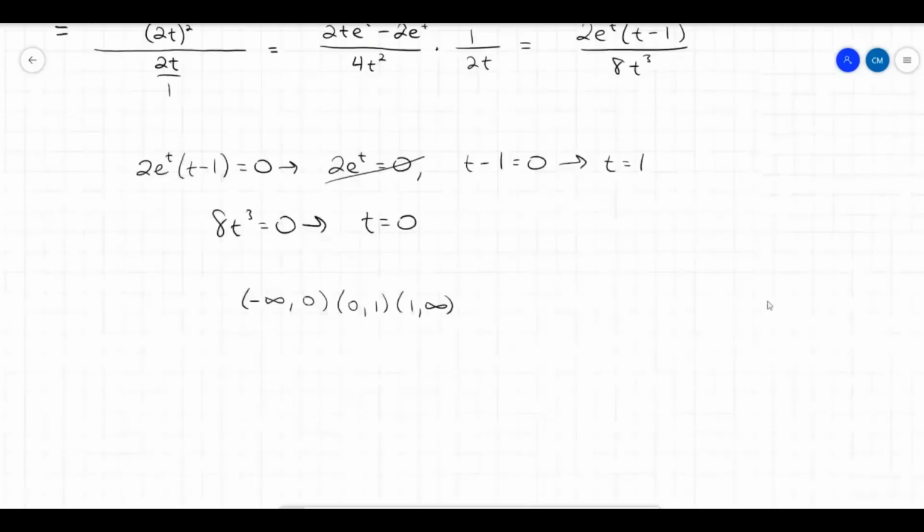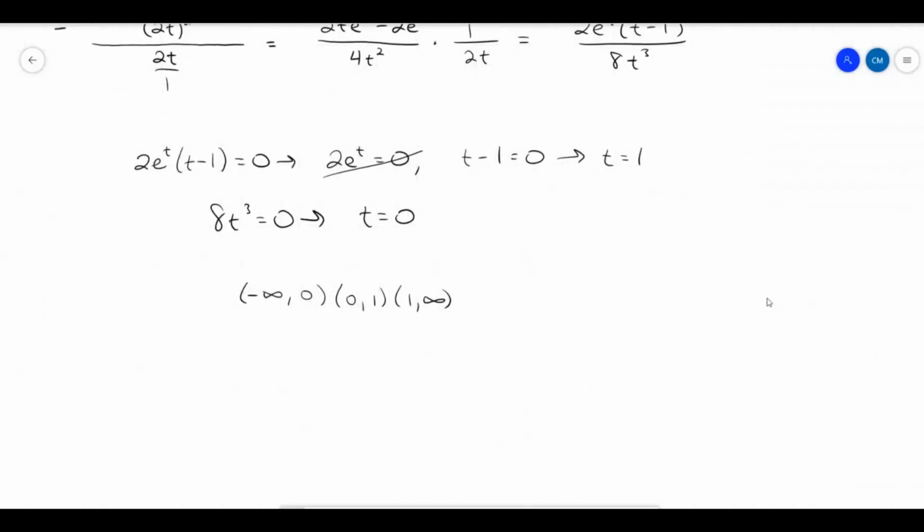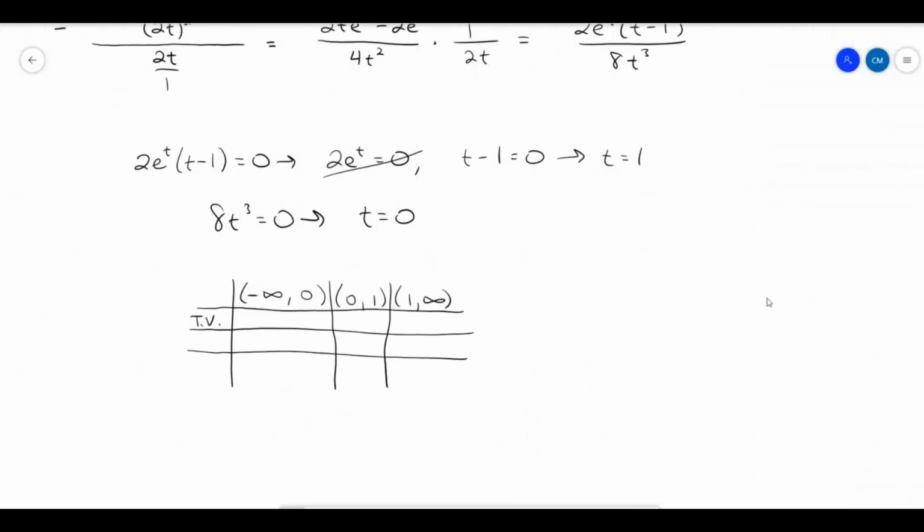Okay, and then remember what you have to do with this. You make a table of values. You guys remember this from Calculus 1? This is kind of like, first you did it with the first derivative to determine where the function was either increasing or decreasing. Then you do it with the second derivative, the same thing, to find where the function is concave up or down, and also to locate inflection points.